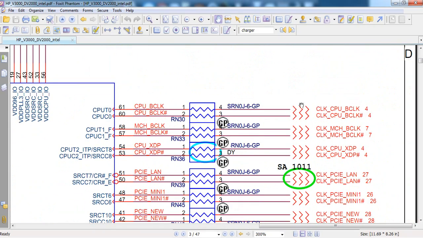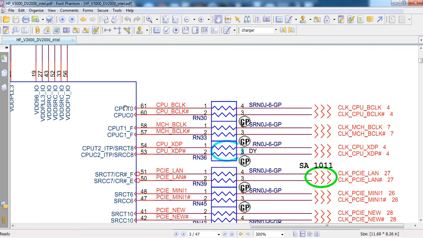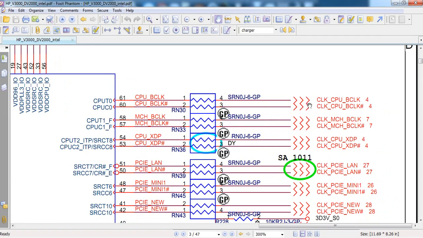And this is the output signal from the clock generator. This signal goes to page number 4, which contains the CPU section. These signals go to the CPU.